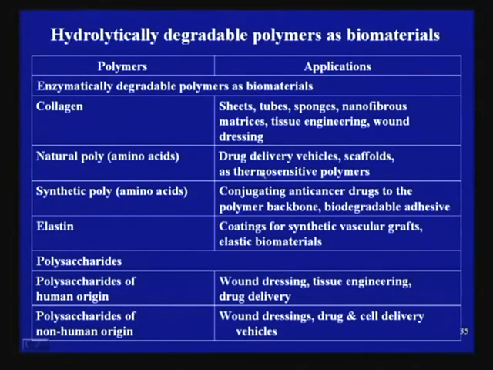Then hydrolytically degradable polymers as biomaterials: collagen, which can be harvested from animals. Natural polyamino acids, synthetic polyamino acids, elastin, polysaccharides of human origin, polysaccharides of non-human origin, and you see their applications are all in biomedical applications. Now, these things today are converted into nano devices.